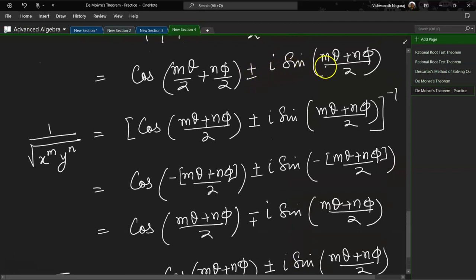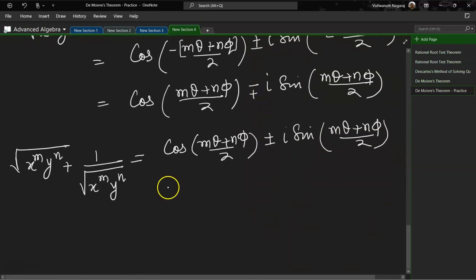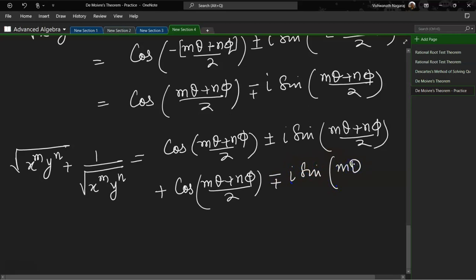This one plus or minus i sin. And then we add these two: cos (m theta plus n phi) by 2 minus plus i sin (m theta plus n phi) by 2.